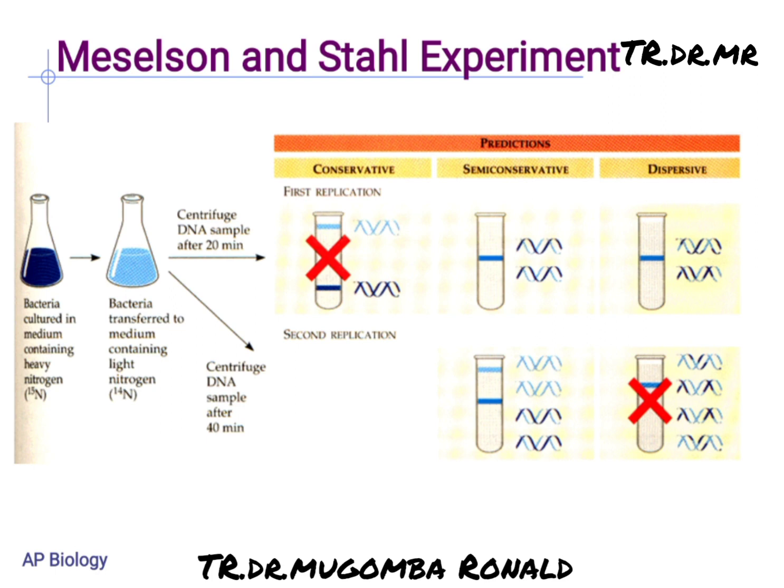In the conservative model, they expected light nitrogen to be centrifuged at one area and heavy nitrogen at the bottom. That didn't happen. They had a mixture of the two being centrifuged at the same level in the first 20 minutes.